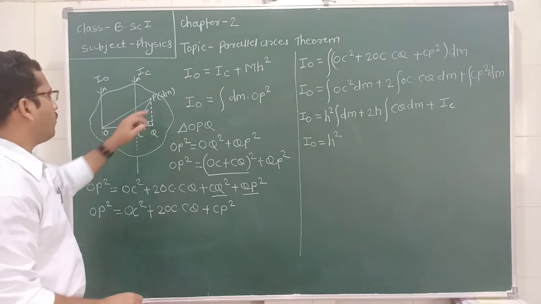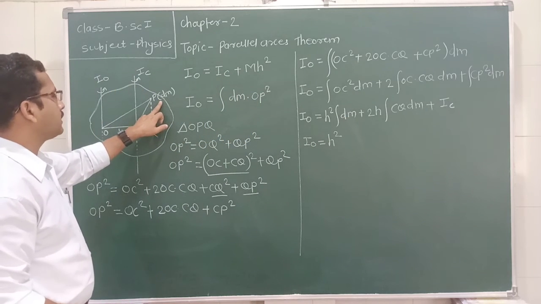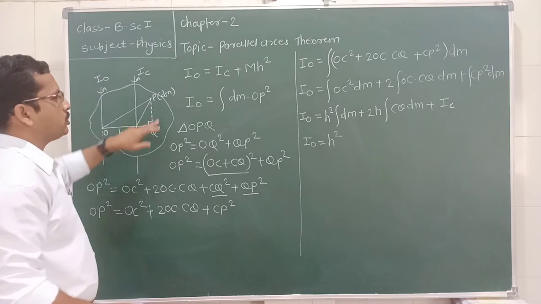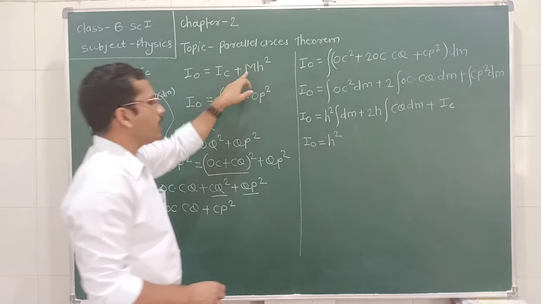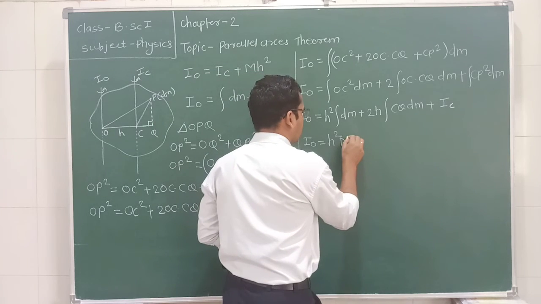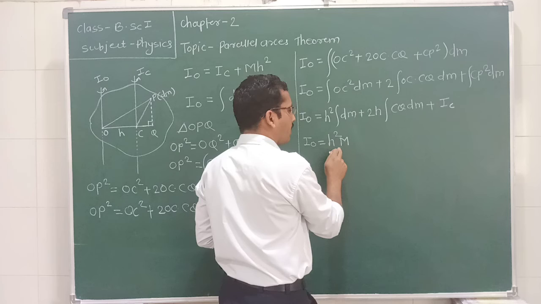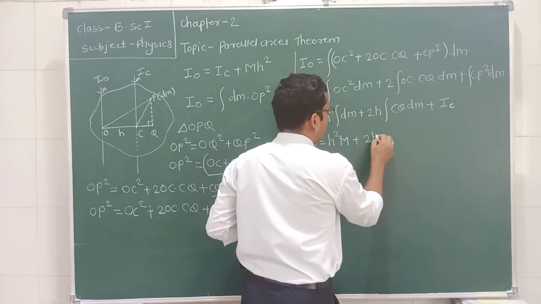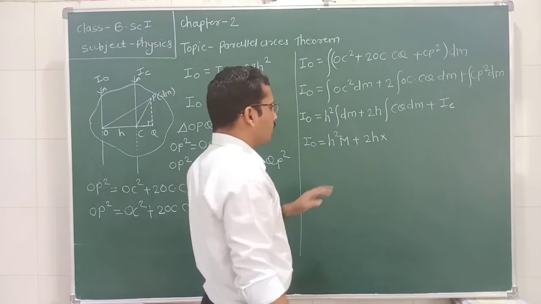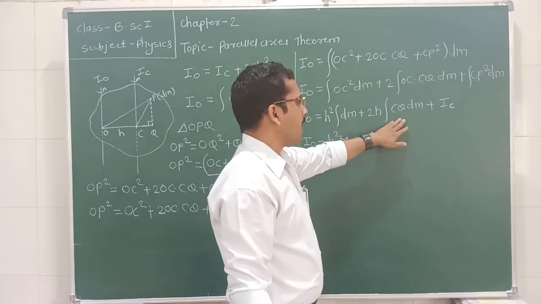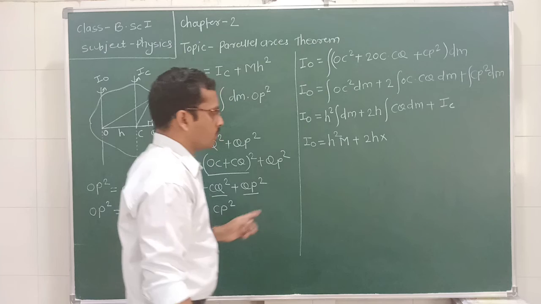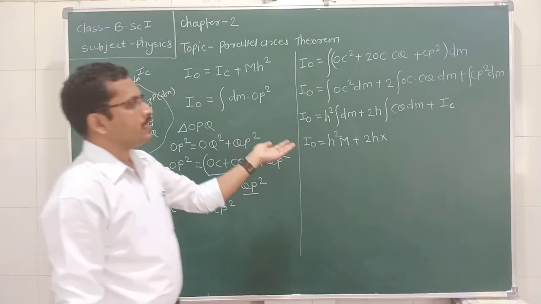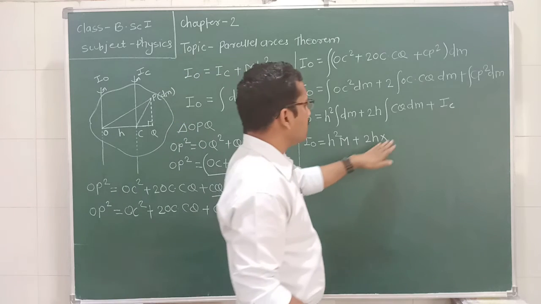So I0 is equal to h square integration of dm. If we add the small masses dm, then we get the total mass of this rigid body, which is equal to capital M. So integration of dm is equal to h square M, plus twice h into, now this integration has a value equal to 0, because the moment of inertia about the center of mass measuring the distance from the center of mass is equal to 0.